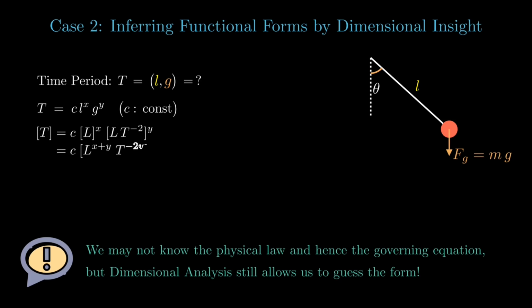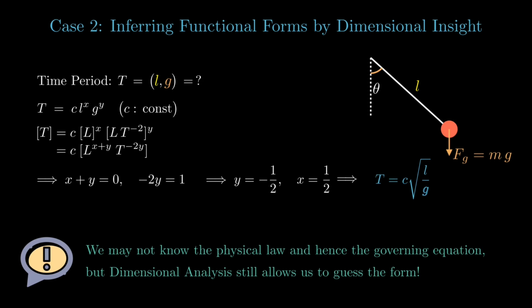Now if we simplify this and match powers on both sides of the equation, we get x plus y equals 0 and minus 2y equals 1, thus giving us y equals minus half and x equals half. Thus, if we put this in our initial ansatz for T, we get that T equals c times square root of L over g.